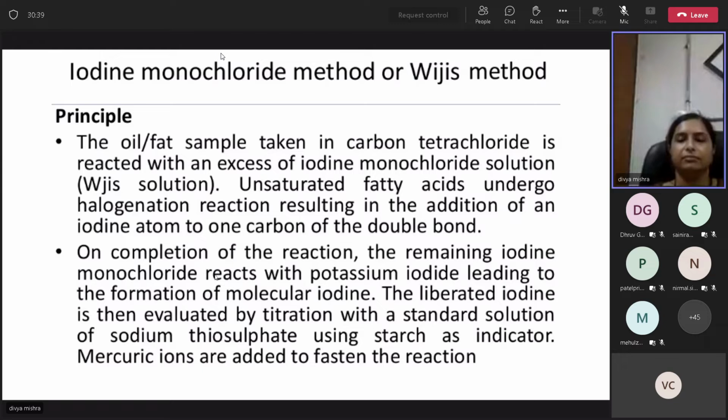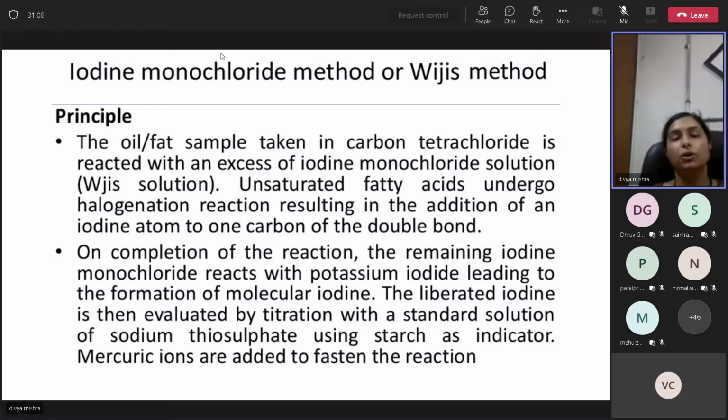So we will add potassium iodide, which will react with it to liberate molecular iodine. After the reaction is completed, we add potassium iodide, and this leads to the liberation of molecular iodine.